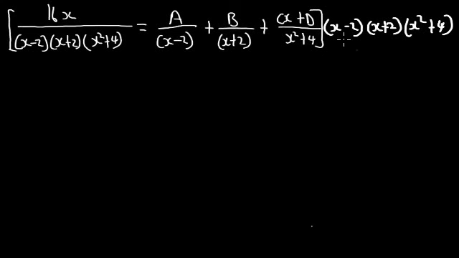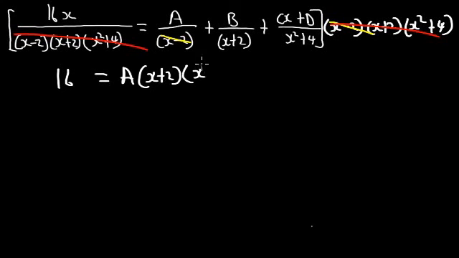So now for the red color, everything cancels out, and left over is 16x. Then we have the equal sign. For the yellow color, we are left over with x plus 2 and x squared plus 4. So that's going to be a multiplied by x plus 2, x squared plus 4. For the green color, x plus 2 cancels out. Left over is x minus 2, x squared plus 4, plus b multiplied by x minus 2, x squared plus 4.